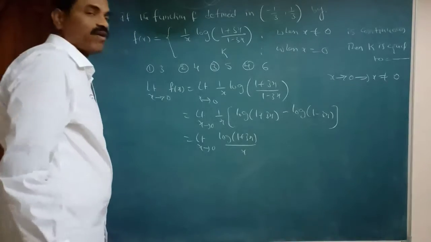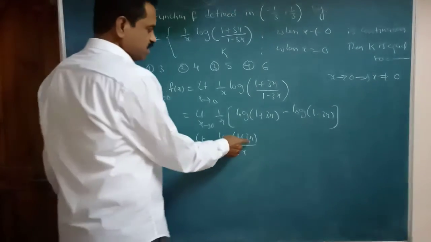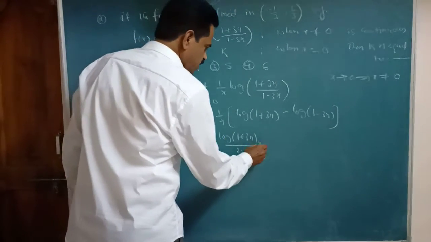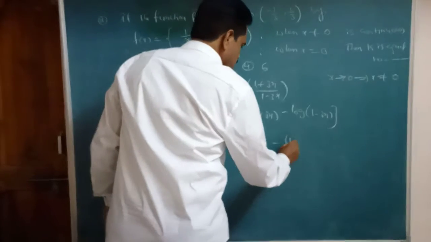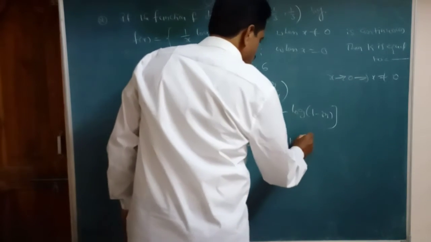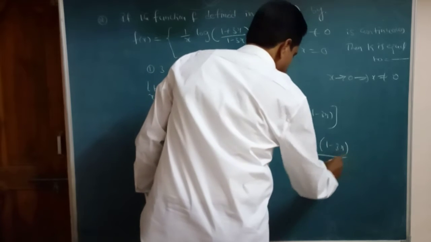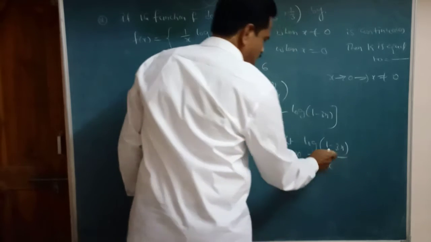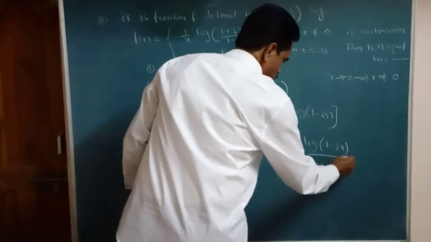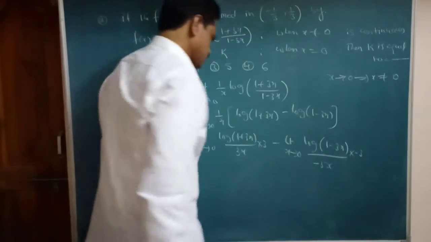We know the limit of log of 1 plus x by x. Here the x coefficient is 3, so multiplying and dividing with 3. Minus limit x tends to 0, log of (1 minus 3x) by x. Here the x coefficient is minus 3, so multiplying and dividing with minus 3.